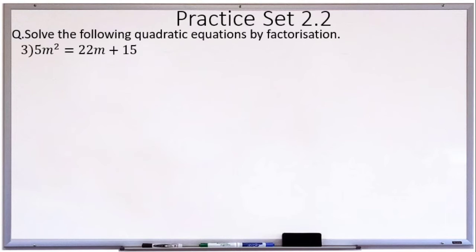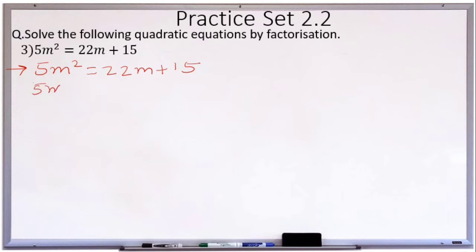Now third question, 5m square is equal to 22m plus 15. So first writing it as it is, 5m square is equal to 22m plus 15. Now you can see that this is not given in the standard form, so first we make it in the standard form.